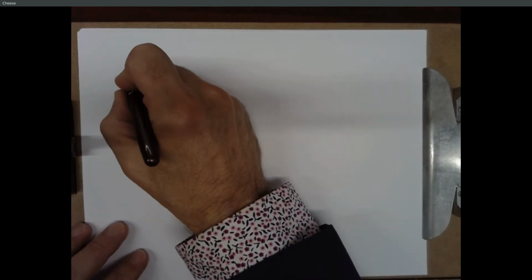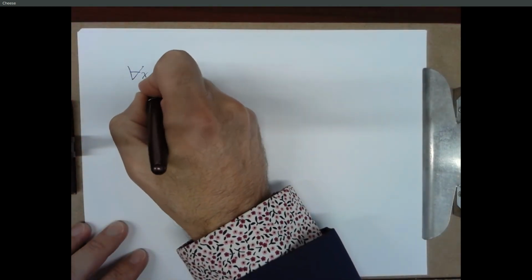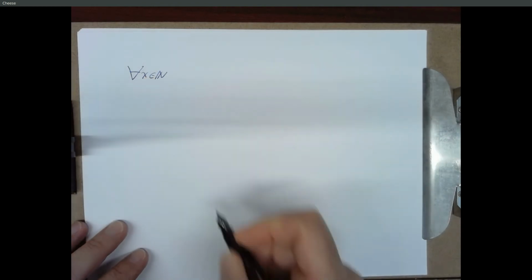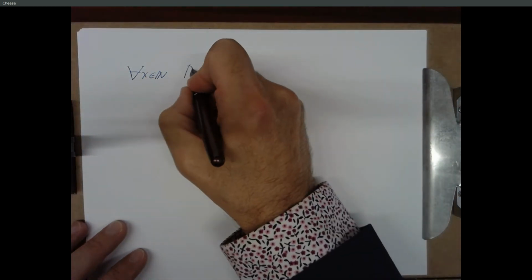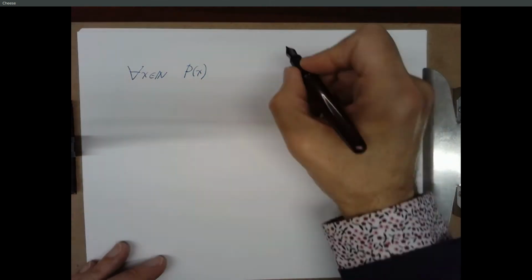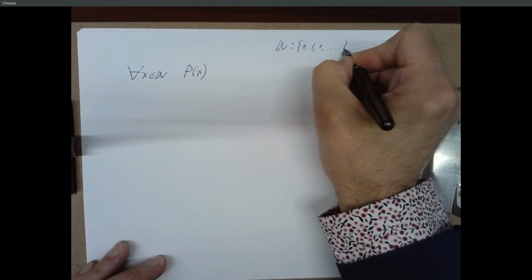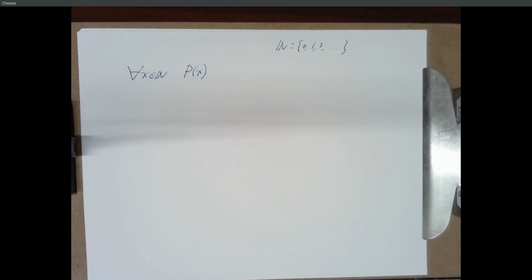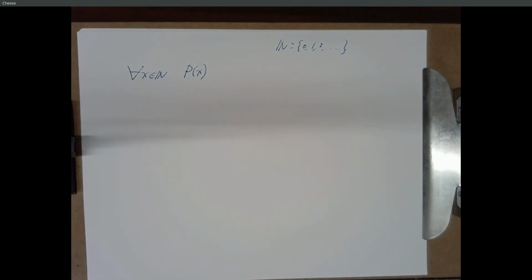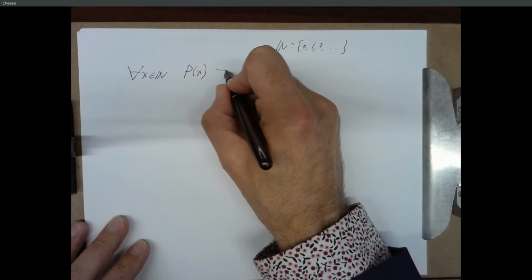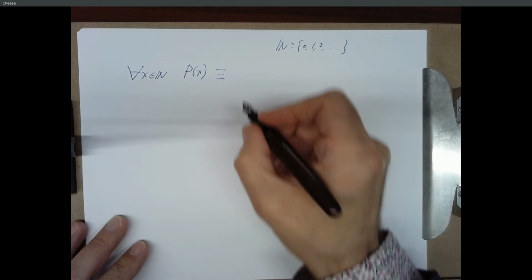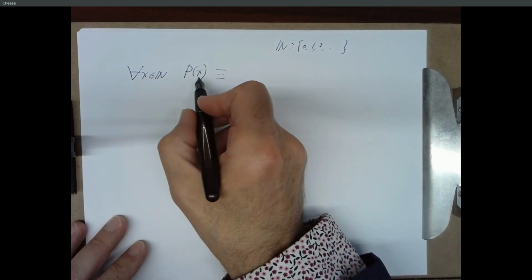So sometimes, to make this clear, we can say something like, for all x contained in the natural numbers, P of x. And if we take the naturals to mean 0, 1, 2, and so on, so non-negative integers, what this actually means is, this is logically equivalent to saying that if x is 0, P of x is true.